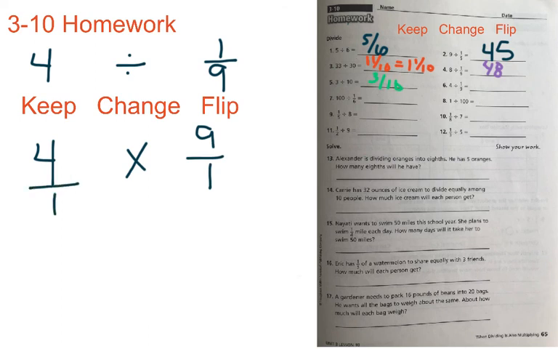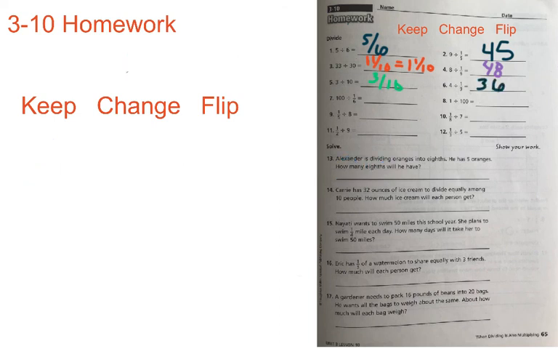And to write 4 as a fraction, we write it over 1. 4 times 9 is equal to 36, and 1 times 1 is equal to 1. And 1 can go into 36 times, and your answer for number 6 is 36. I'm hoping that this keep, change, flip is starting to get stuck in your head, which is what we want.